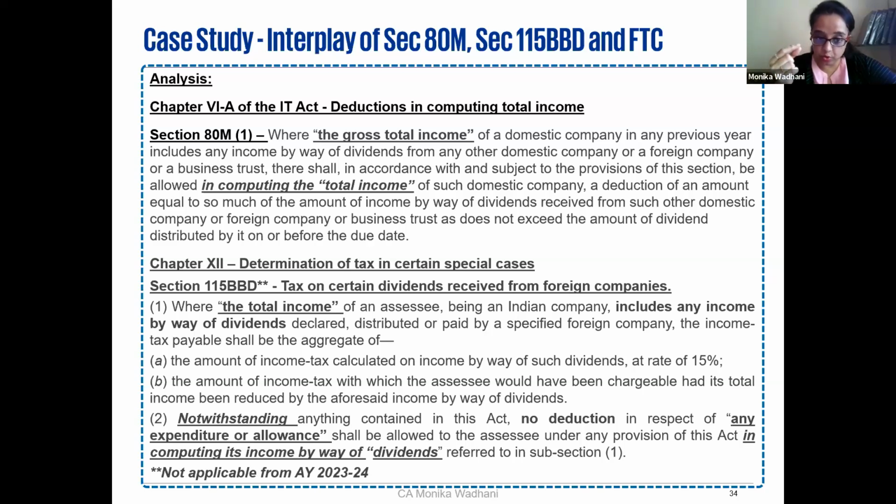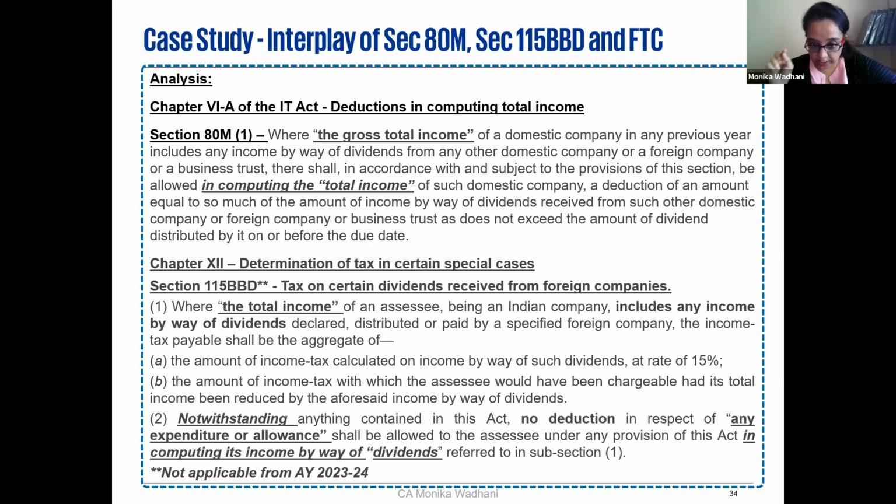And further, when we go to subsection 2, subsection 1 of 115BBD talks of a special rate of tax of 15% in case where total income includes any foreign dividend income. And how to compute that total income, or what is the meaning of dividend for the purpose of this total income, is given under subsection 2, which starts with a non-obstante clause.